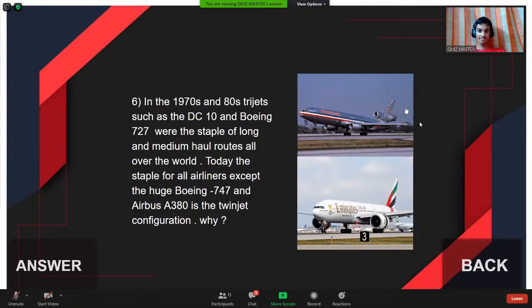Team 3 minus 20 points. Not the answer I was looking for. I'm looking for a very specific reason. It's not the gradual increase in technology, but a specific thing that happened in the aviation world that changed this.